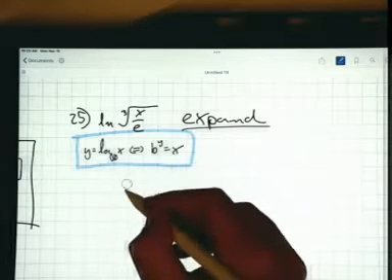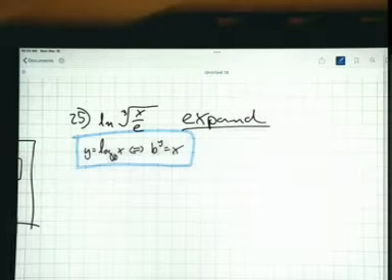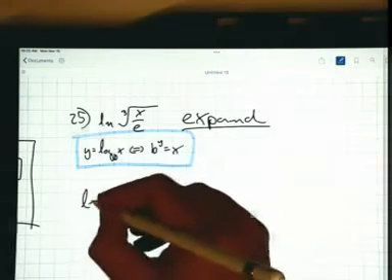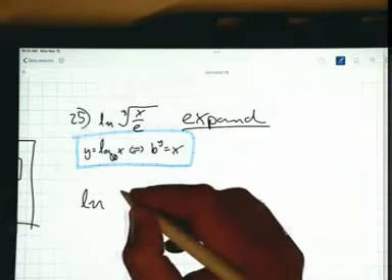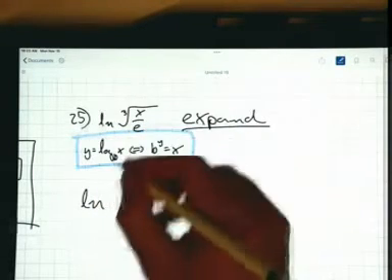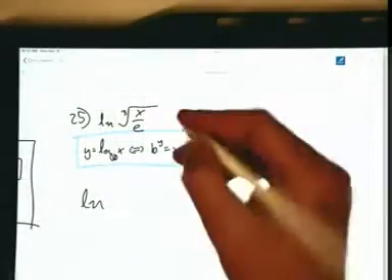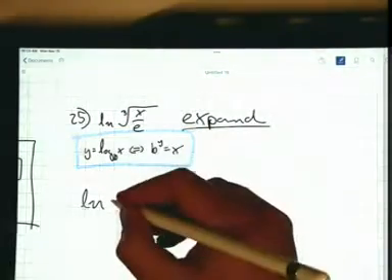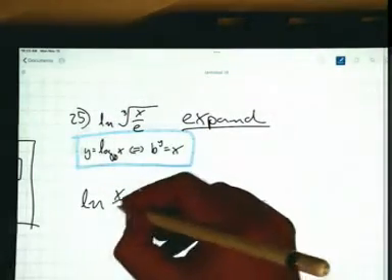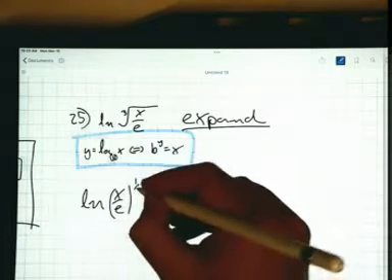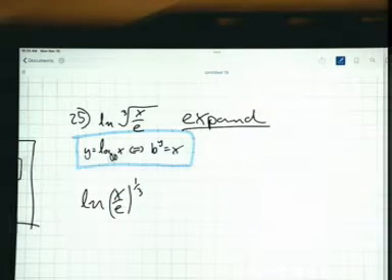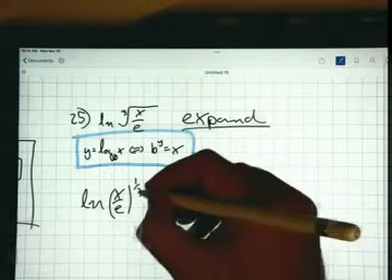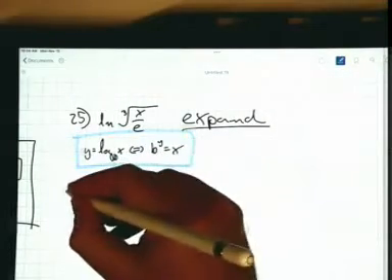Let's go backwards. I'm going to keep what I boxed in. So the first thing I would do is rewrite that third root as x over e raised to the 1/3, which then I would, by the power rule, bring that 1/3 out in front.